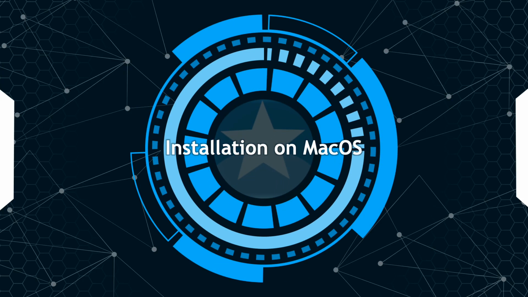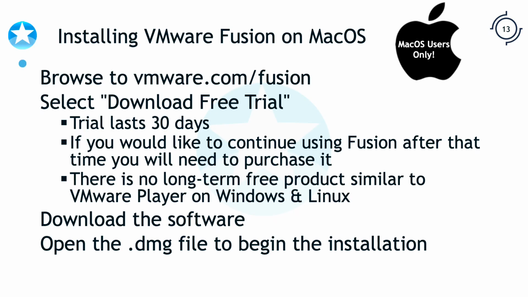Mac users, we are going to run through the installation of Fusion on the Mac. Fusion is the name of the product by VMware we use to do virtualization on a Mac. So if we go to the URL on the screen, you're going to download and say download free trial. Unfortunately, Fusion is not a totally free product.